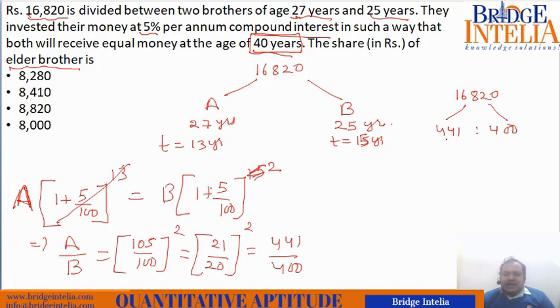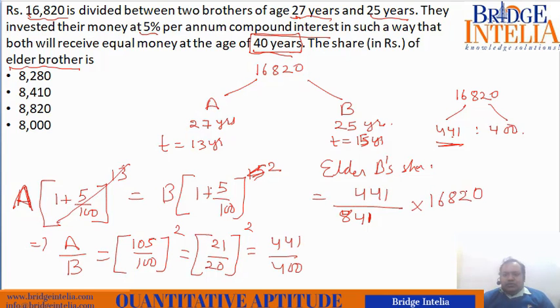So what is the elder brother's share? The elder brother's share will be equal to 441 parts out of a total of 841 parts. So 441 plus 400, I am writing it straight away, 841, into 16820.